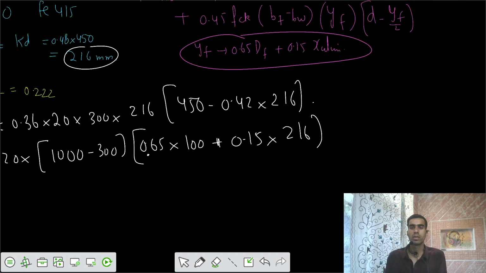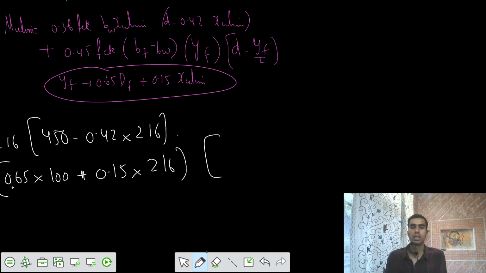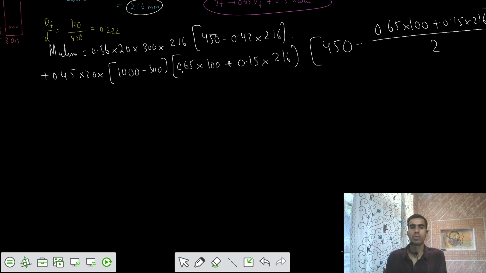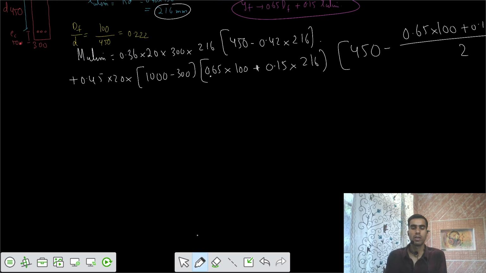Once we have this, we have the lever arm, d minus yf by 2. This is your yf, and we have to divide it by 2. So finally you solve those values, and Mu limiting comes to 413.87.